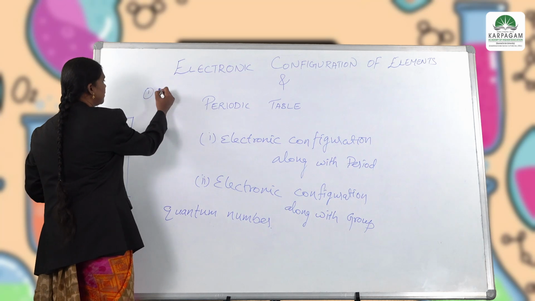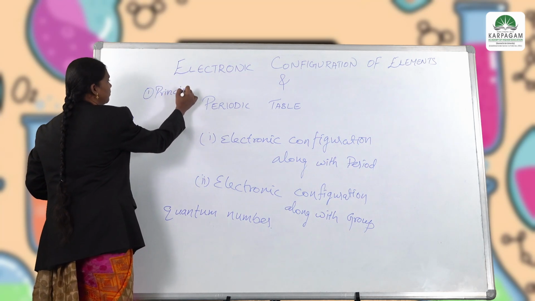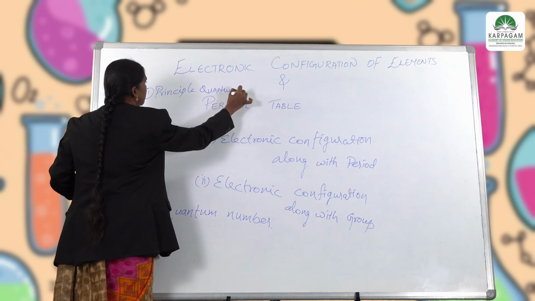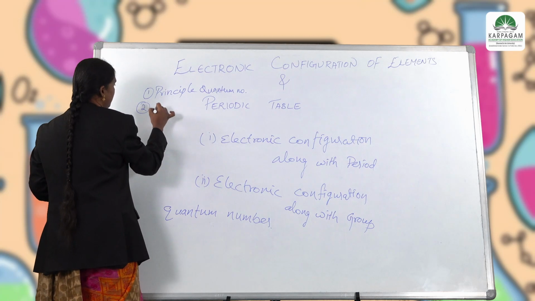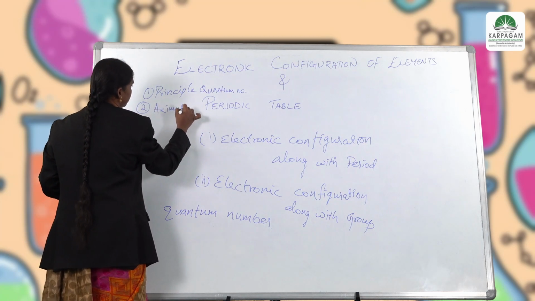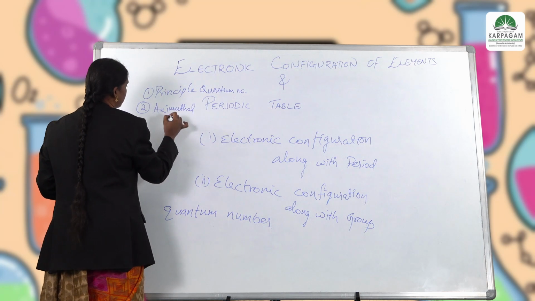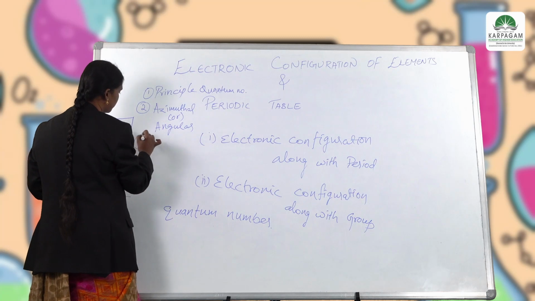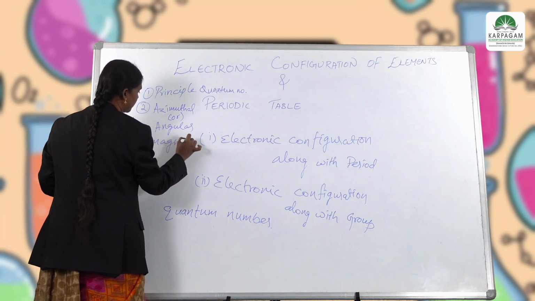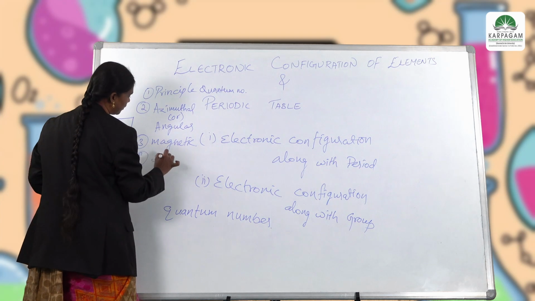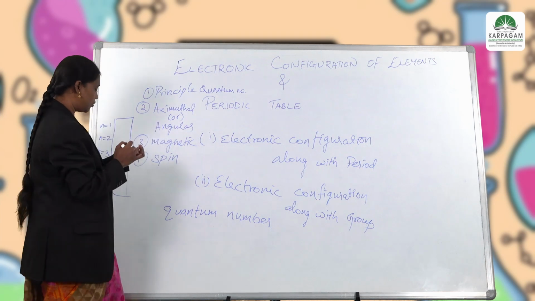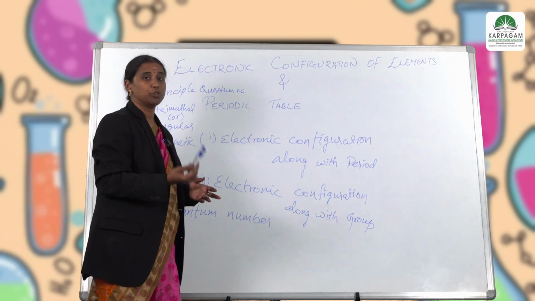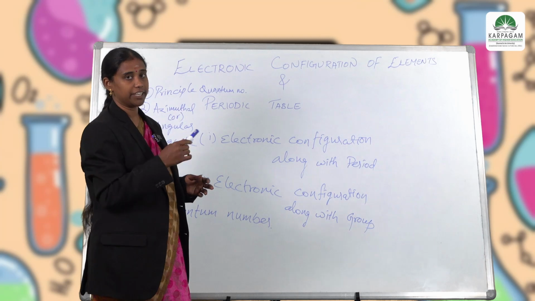The first one is the principal quantum number, another one is the azimuthal or angular quantum number, the third one is the magnetic quantum number, and the fourth one is the spin quantum number. So these 4 quantum numbers explain the position and energy of electrons arranged in the atoms.